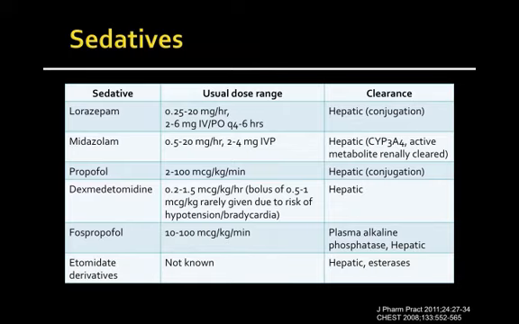So in terms of benzo side effects, what do you guys worry most about? Respiratory depression. Okay. So you need a protected airway to be on any of these drips. The one exception is alcohol withdrawal, but really you still need to worry about having an airway.